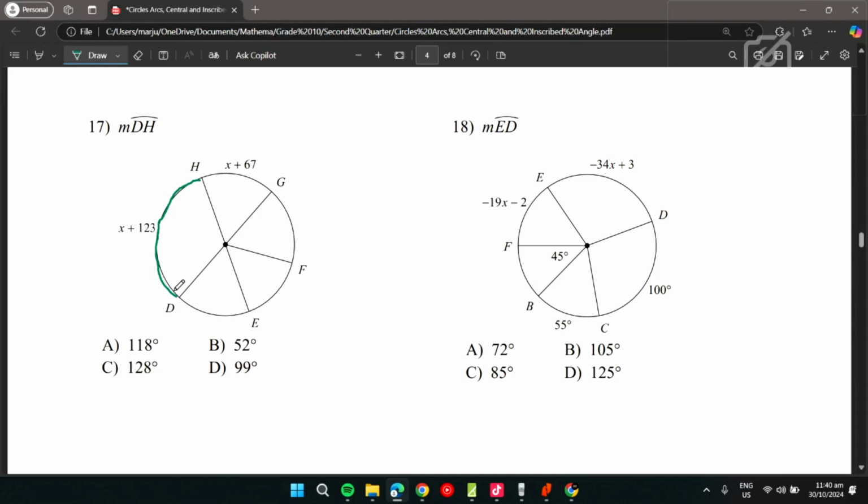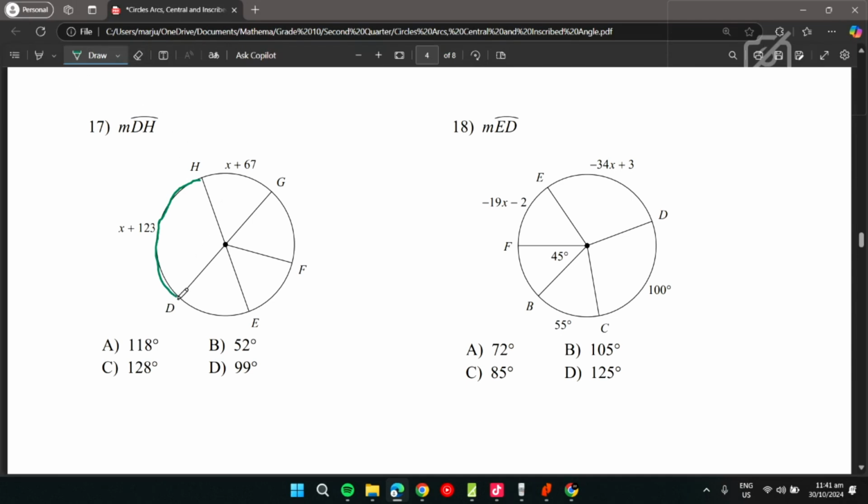Sum of 180, sir. Bakit siya sum of 180? Bakit alam natin that the sum is 180? Ano yung concept? Good. Very good.